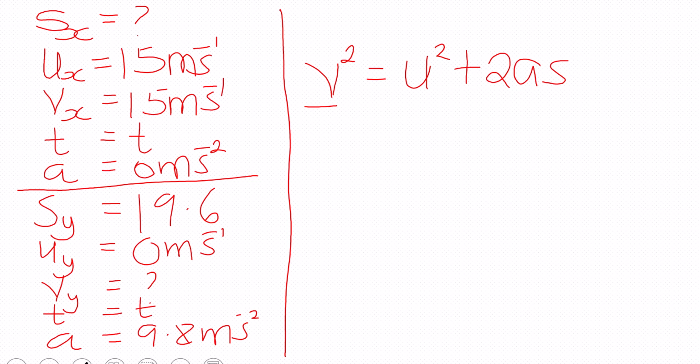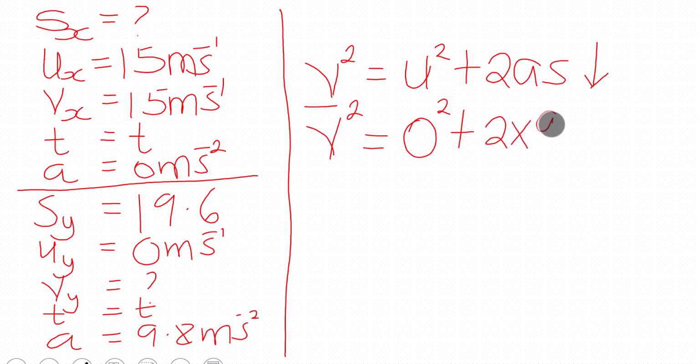So in here, considering vertical motion, our v squared will equal u, which is 0, squared plus 2 times acceleration, which is 9.8, times the displacement, which is 19.6.